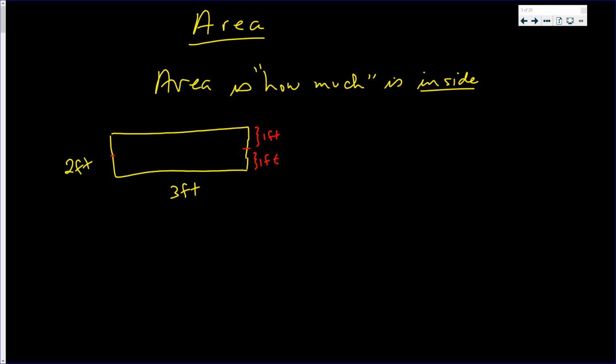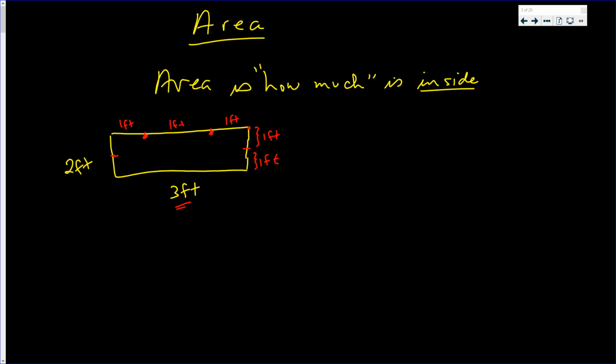The bottom and top are 3 feet. If I cut it into 3 equal pieces, then this would be 1 foot. The distance from here to here would be 1 foot, and from here to the end would be 1 foot.